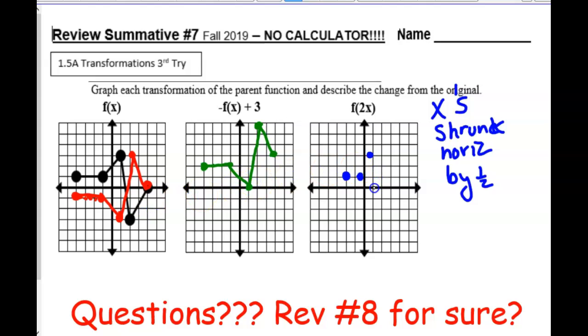So it's now 1, -3, because half of 2 is 1. And this was 4, 0. Half of 4 is 2. Yeah, I'm not going to be able to draw this very well. It's pinched in. Everything is half as long across. But it's the exact same height as it was, up and down.